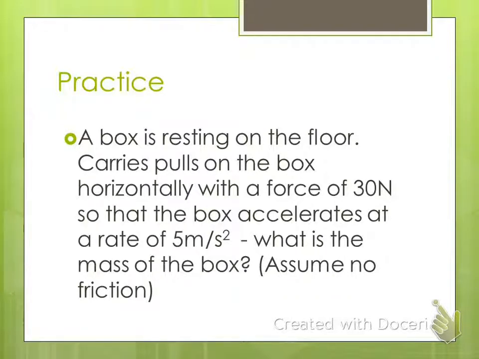Okay, so I want to see your free body diagram. I want to see the net force equation. We've got to think, is this box going to be accelerating horizontally or vertically? What do we think? Horizontally. That means we still draw the vertical forces in our free body diagram, but they don't go into our net force equation.